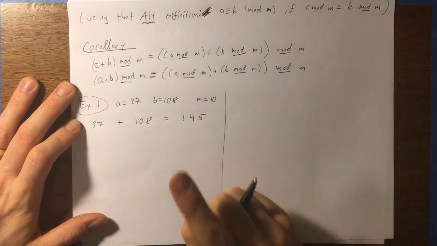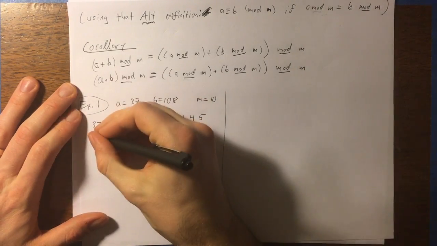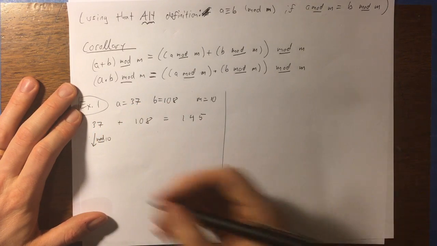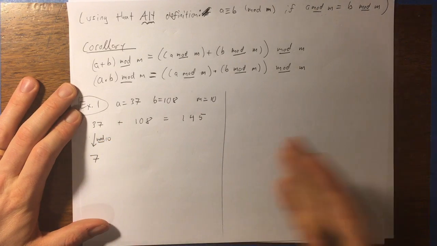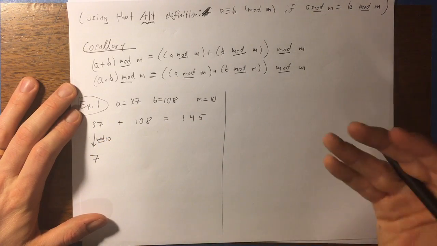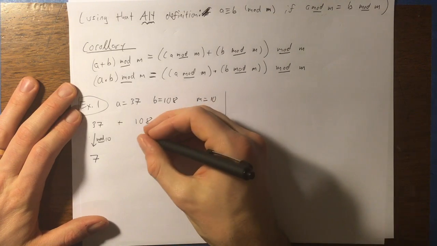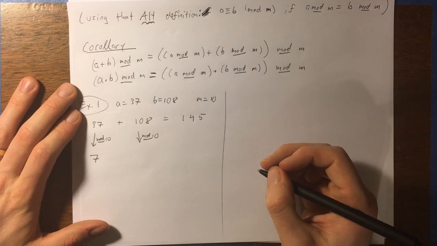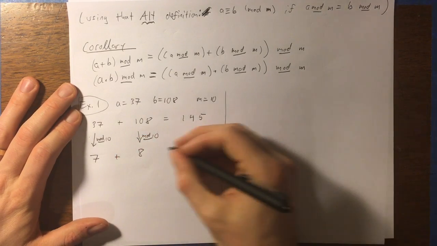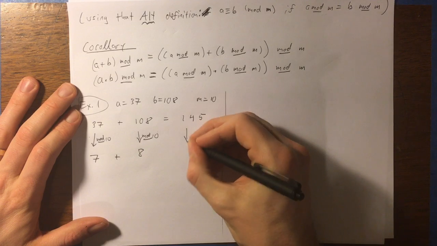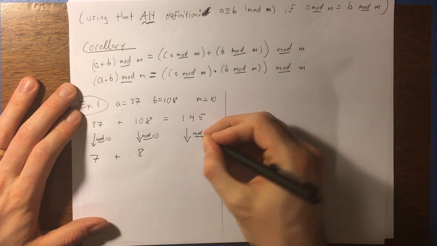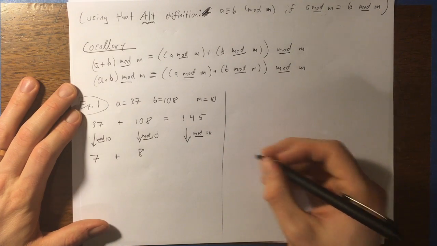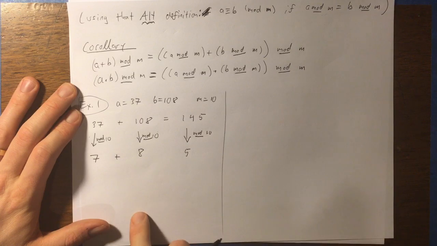Now, if we reduce each of these numbers modulo 10, 37 mod 10 is going to be 7, right, because it's 30 plus 7, and 30 is a multiple of 10, so that's just 7. 108 reduced mod 10 is going to be 8, and 145 mod 10 is going to be 5, right? Because it's 140 plus 5.